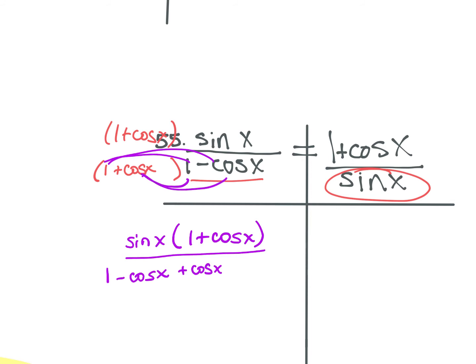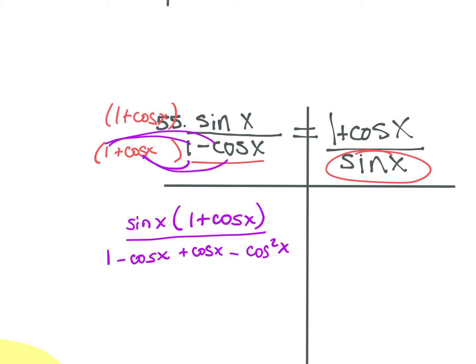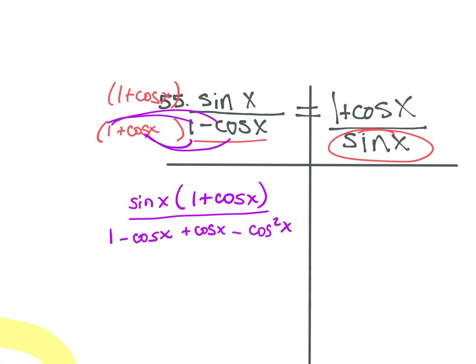And cosine times negative cosine is minus cosine squared of x. What happens to those cosines in the middle? Why do they cancel out? One's positive and one's negative. Good, guys. So I'm left on the bottom with 1 minus cosine squared of x.